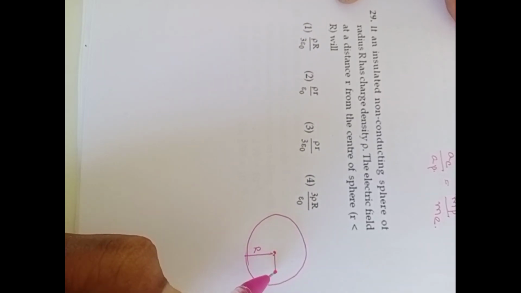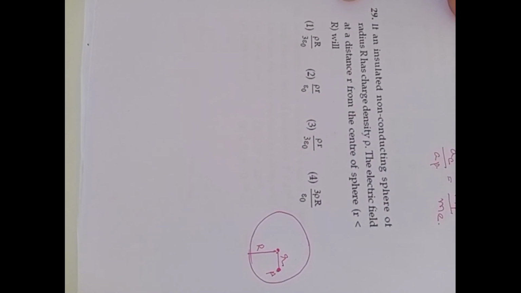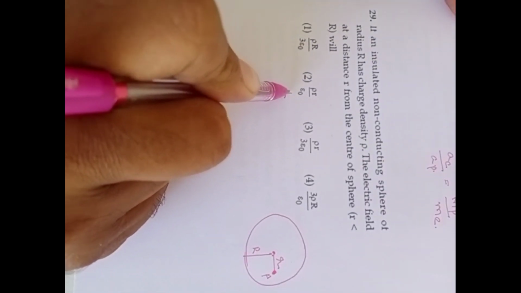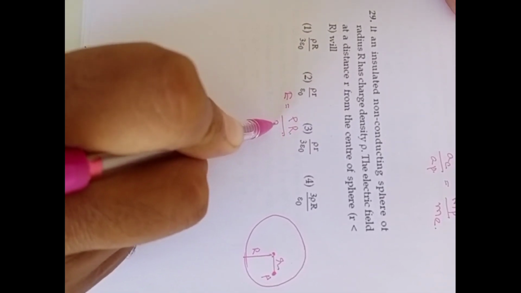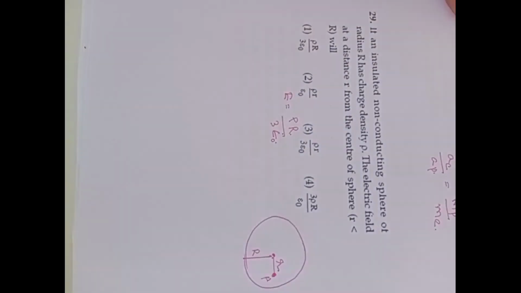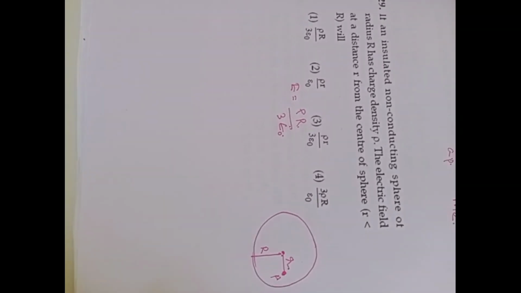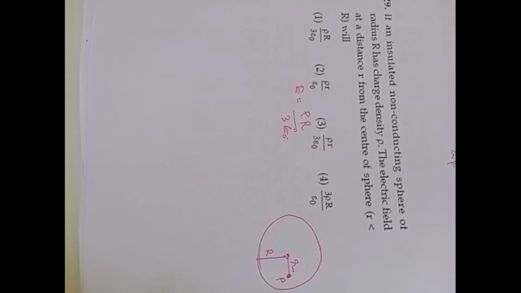Here a point P is there at a distance small r. What is the field intensity? We gave the formula, just this is a formula. E is equal to rho r by 3 epsilon naught. That is the formula. This formula we will use.